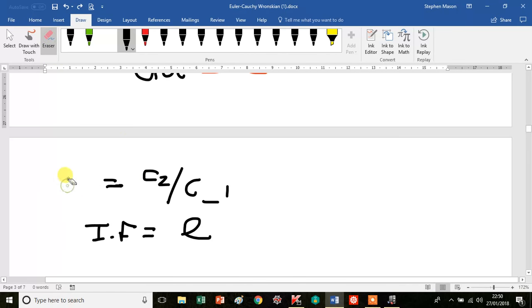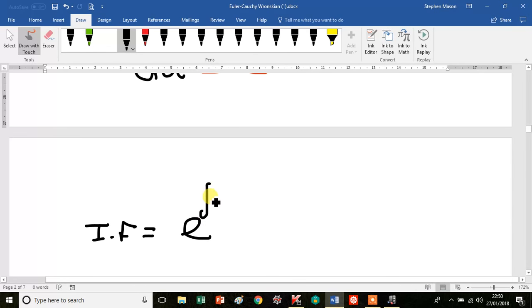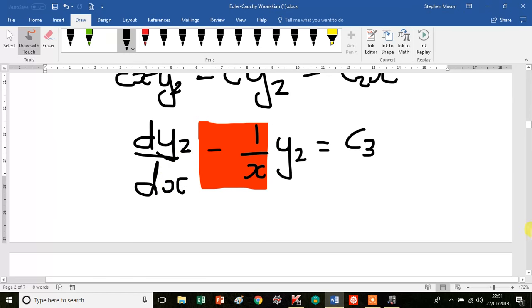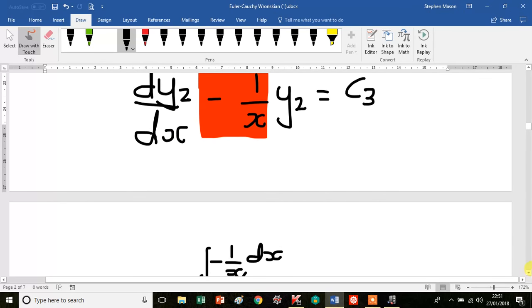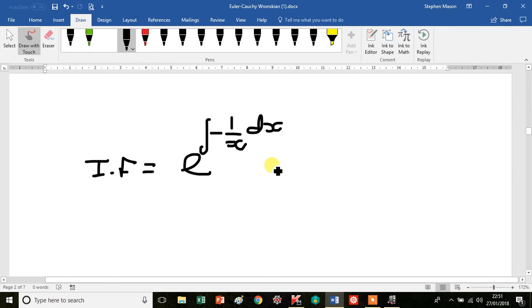So let's just erase these C3 terms, because they're getting in the way a little too much. So we've got e to the power of the integral of minus 1 over x dx. Right, okay. So there we are, minus 1 over x, and we've substituted that into the initial part of the exponential.